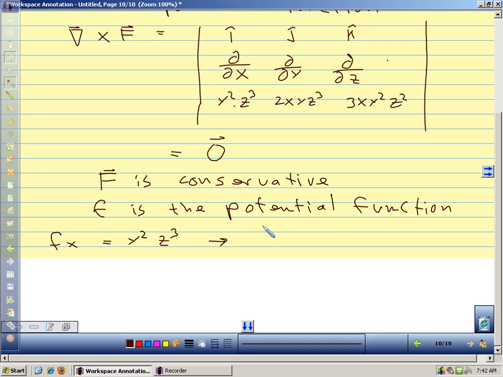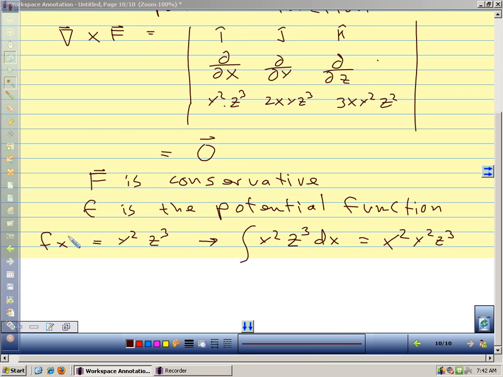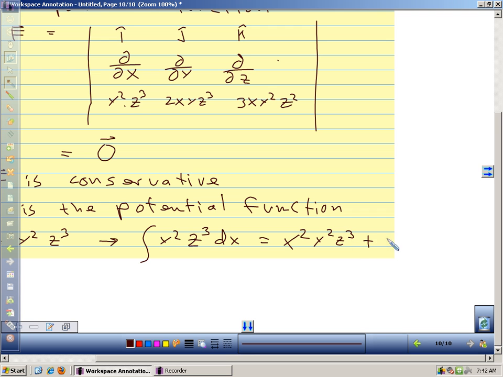This gives us the integral of y squared z cubed dx, and that equals xy squared z cubed plus some function of y and z.